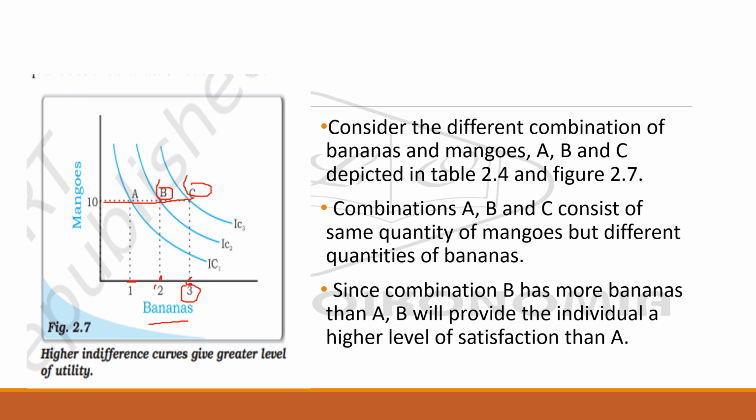If you compare B and C, in B he is getting 10 mangoes and 2 bananas. In C he is getting 3 bananas and 10 mangoes. So the quantity of mangoes doesn't change, but C gives more bananas compared to B. That is why C gives more satisfaction, and C lies on IC3.